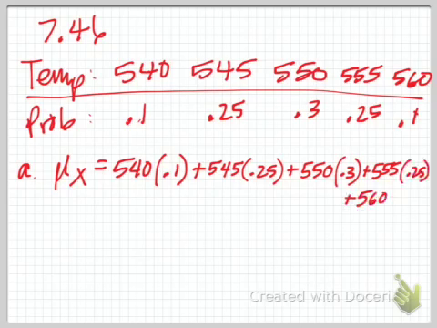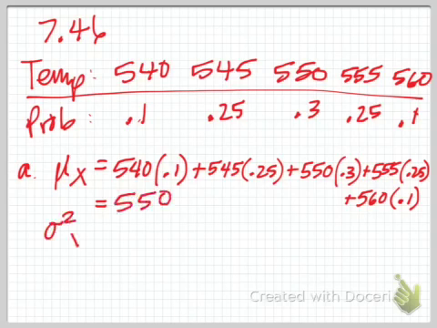There's not a dividing step when you do a mean this way because the dividing that you would do is already in the fact that these probabilities are ratios. So they have the dividing built in. I'm going to pause this for a second and figure out what that answer was. Okay, that came out to 550 exactly when I did it.